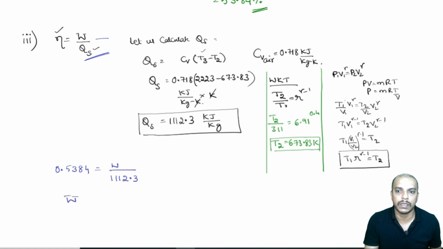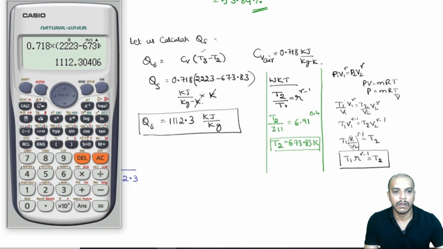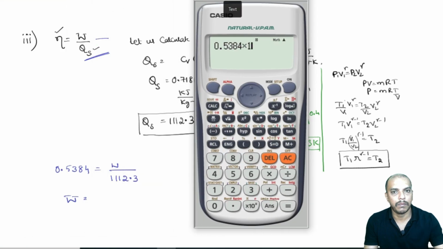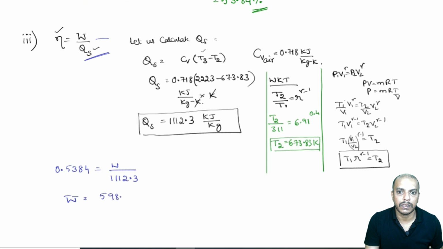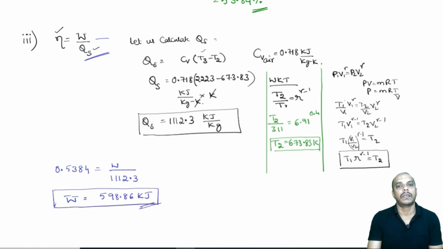Therefore work transfer will be 0.5384 into 1112.3. So that will be 598.86 kilojoule.